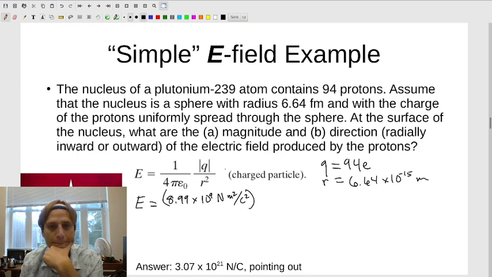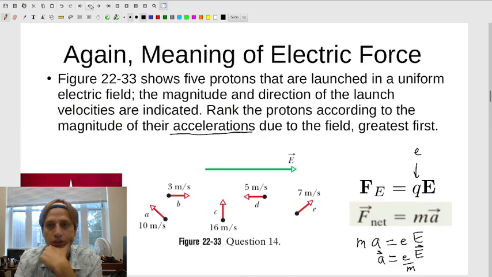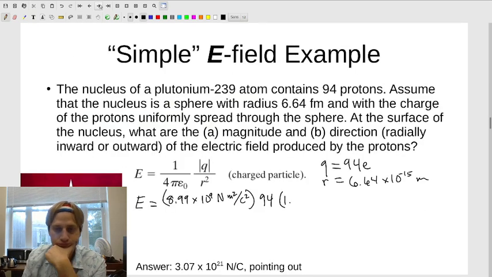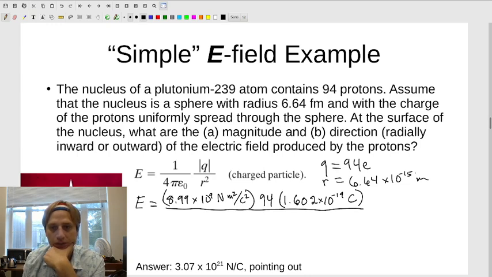times my Q, which is 94e. So that's 94 times 1.602 times 10 to the minus 19th coulombs. Then we divide that by r squared, so that's 6.64 times 10 to the minus 15th meters, squared.